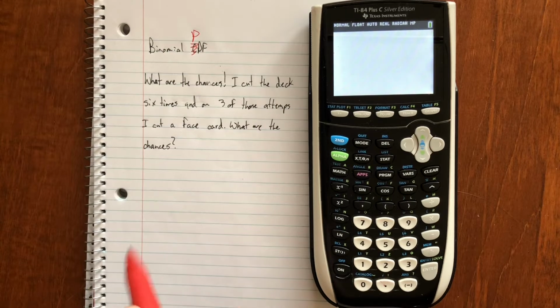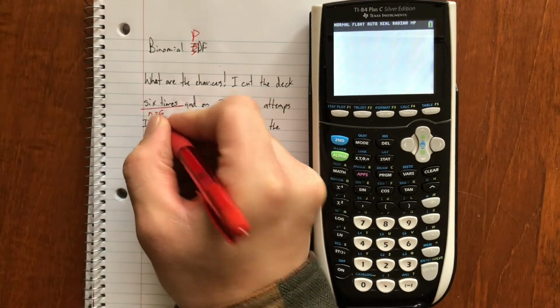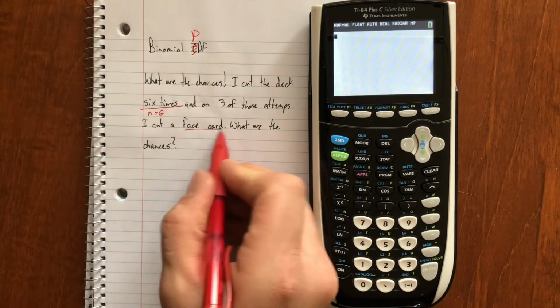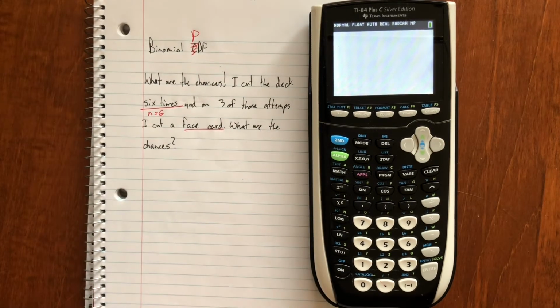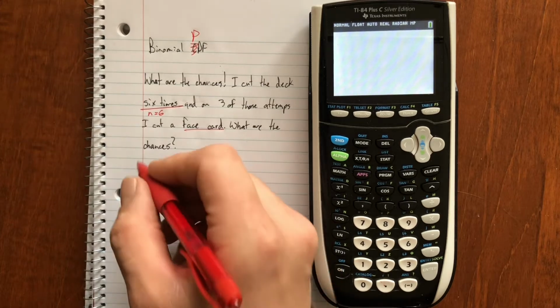Well, I have a specific number of trials. I have either a success or a failure. That success is cutting a face card, and failure is not cutting a face card. And because I'm not removing that card, the probability of success and failure doesn't change each time I make the cut. So I'm going to say that this is binomial.